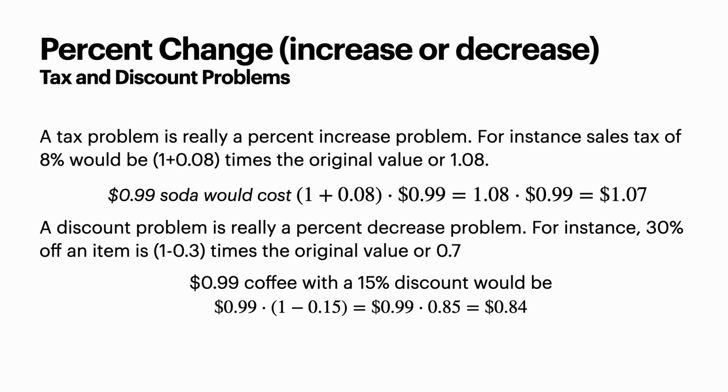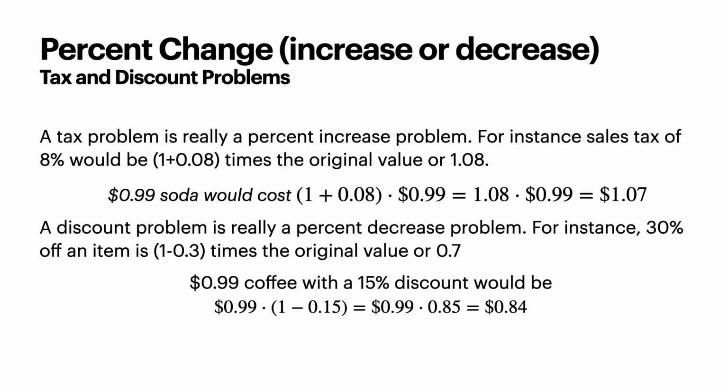Or we can take the original value and multiply it by 1.08 to see what the new value would be. So a 99-cent soda times 1 plus 0.08, and then we would find that that is $1.07. Okay, well, that rings true to our experience.